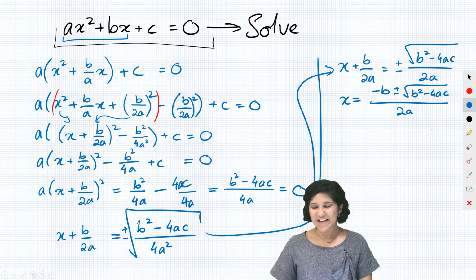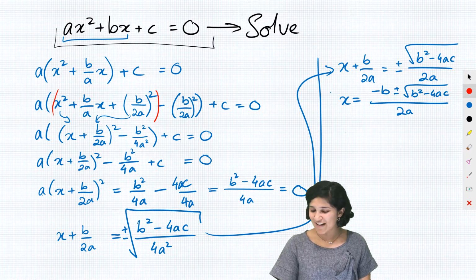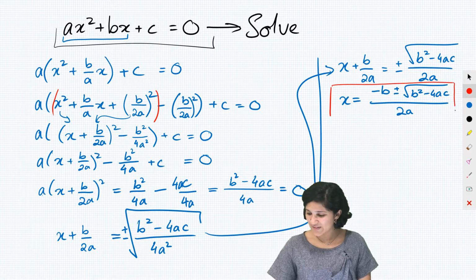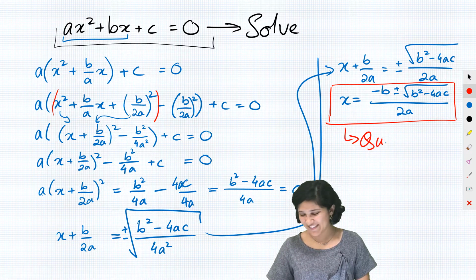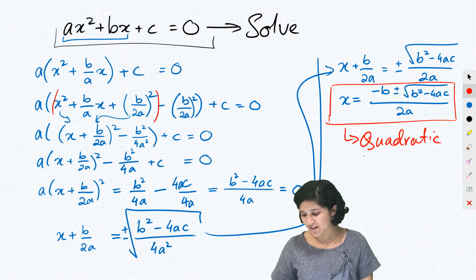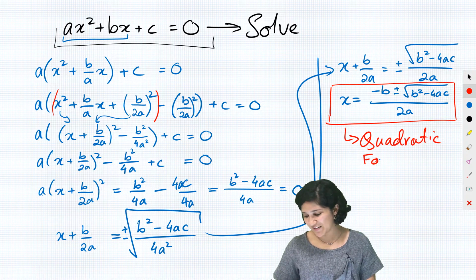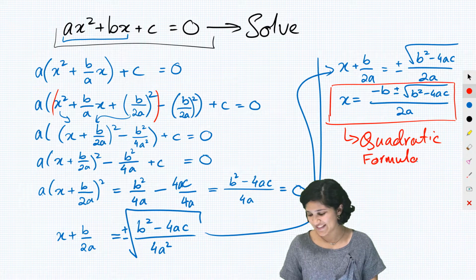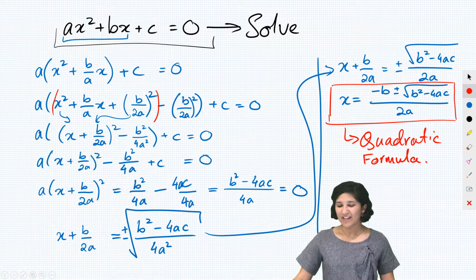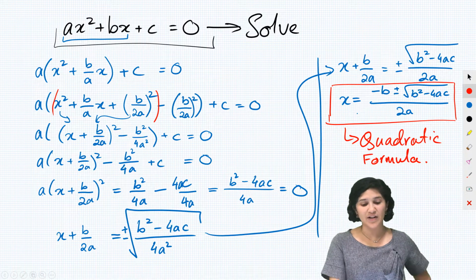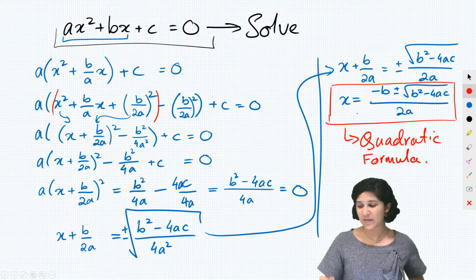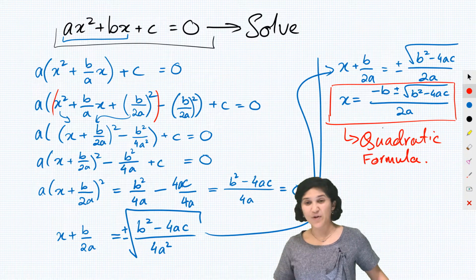And I'm done. So you may actually recognize this as the quadratic formula. So we've actually derived the quadratic formula using completing the square. All we did was apply completing the square to our general formula, and we ended up with the quadratic formula.